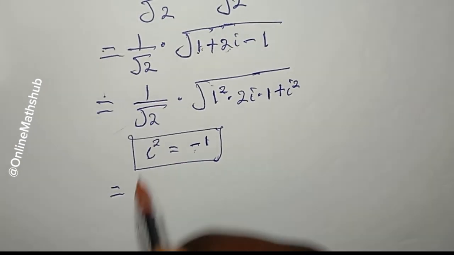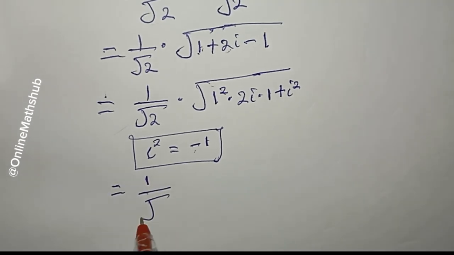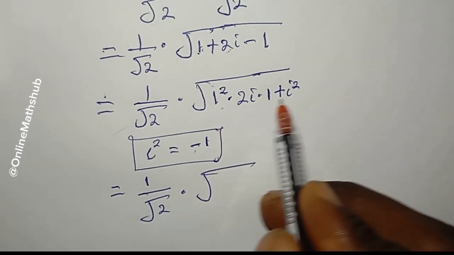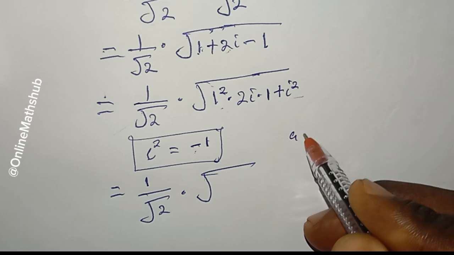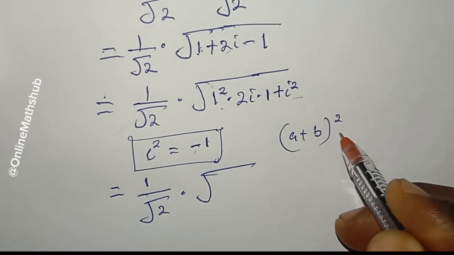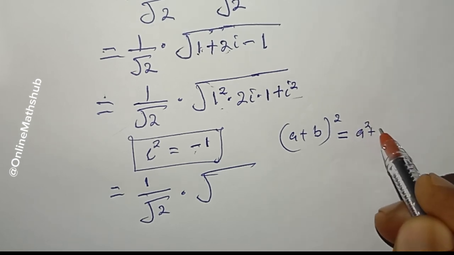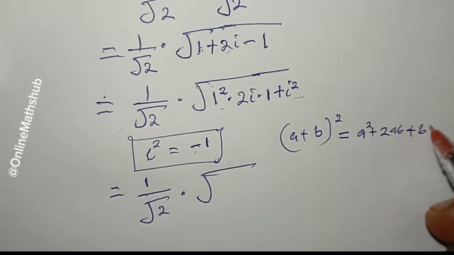And then moving on, this is going to give me 1 over root 2, multiplied by all of this stuff you see right here. If you remember the expansion, (a plus b) all squared, when you expand this, you're going to get a squared plus 2ab, and then of course plus b squared.